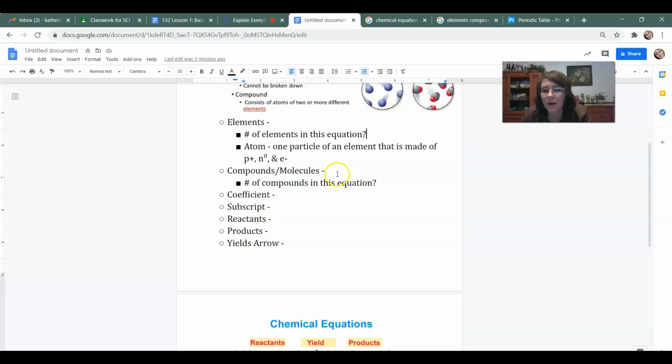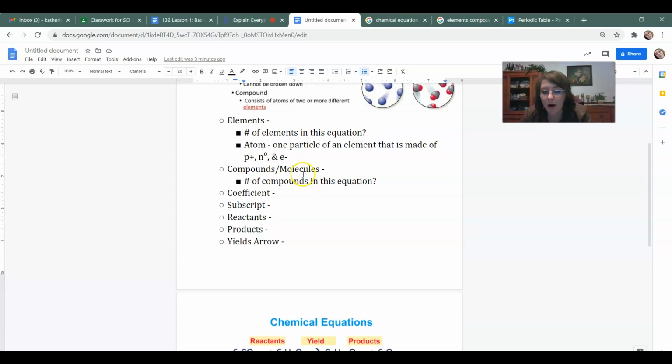Compounds and molecules, remember, are multiple atoms joined together. If it's the same type, it can be a molecule, and if it's different types, it's always going to be a compound. So if you have 2 colors, or 2 different element symbols, that's a compound, and if it's the same, then it's going to be a molecule.